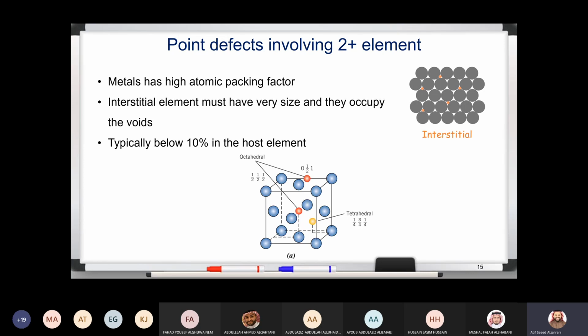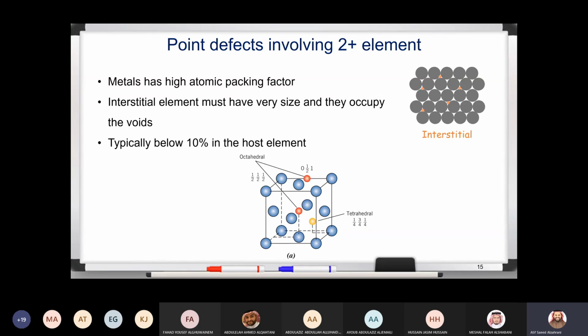Okay, and they can occupy the voids, and they have specific places. Forget about these dots for a moment. What is the crystal structure of this unit cell? Is it FCC, BCC, simple cubic? FCC, okay.